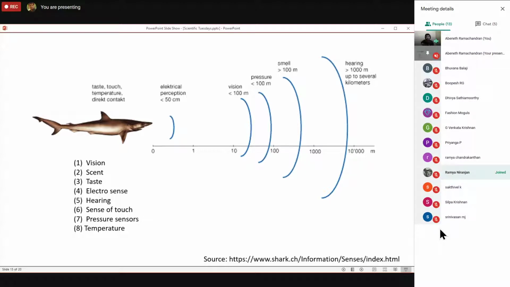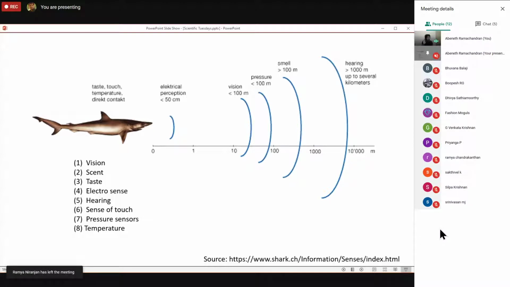When your heart is beating, it gives a small electrical pulse, and a shark can sense this, come near you, and take a bite. That kind of sensory purpose it has.